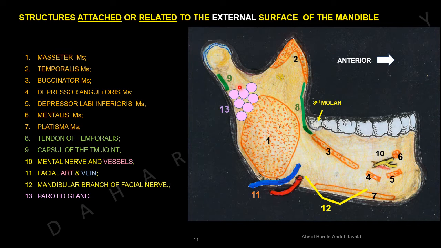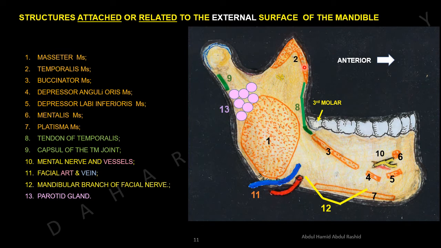Very first one is the masseter muscle, number one, which is attached to most of the lateral, that is external surface of the ramus of the mandible. Number two is the temporalis muscle, a very strong fan-shaped muscle, which is attached to the coronoid process: apex, medial surface, anterior surface. Actually, this is the muscular part of the temporalis muscle.